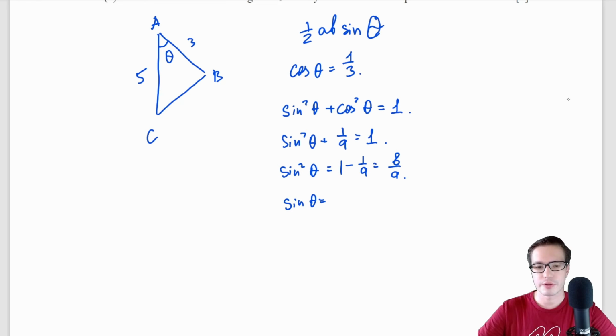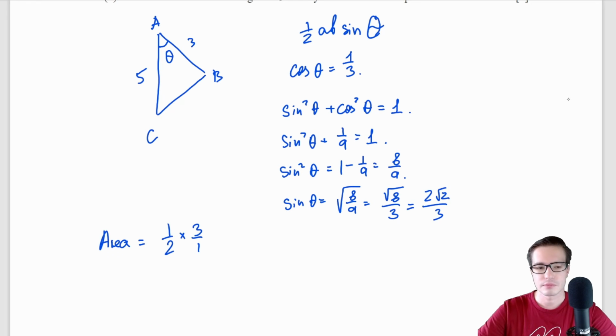Then take the square root, so it's going to be square root of 8 over 9, square root of 8 over 3, and substitute that in our formula. All in all, I got 5 square root of 2.